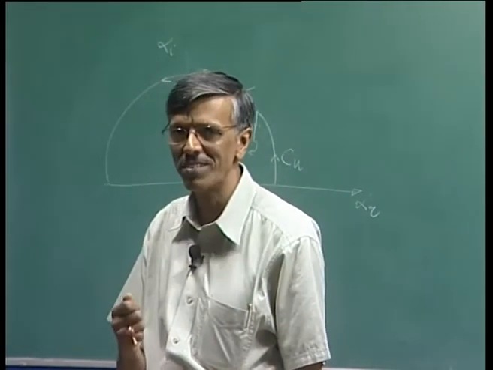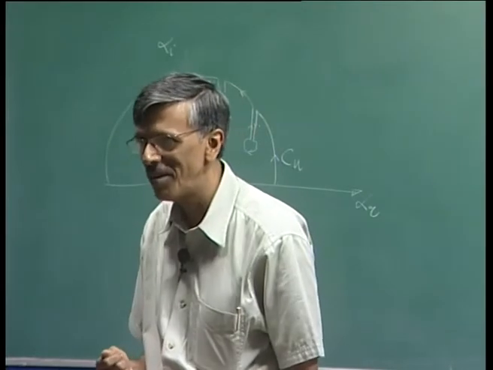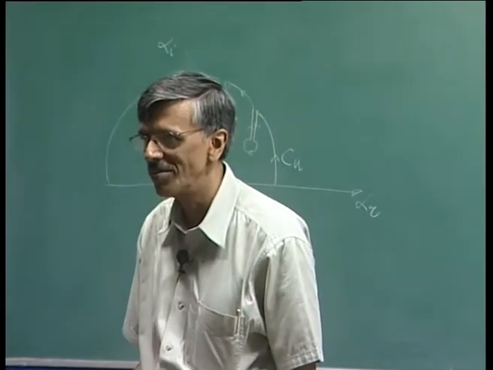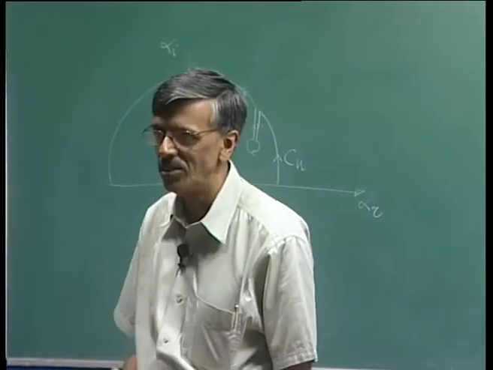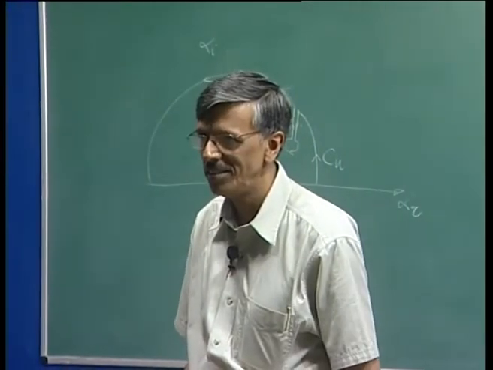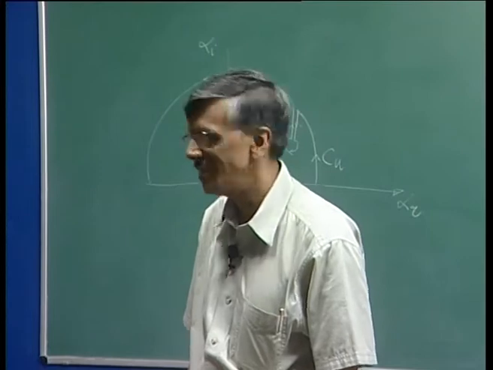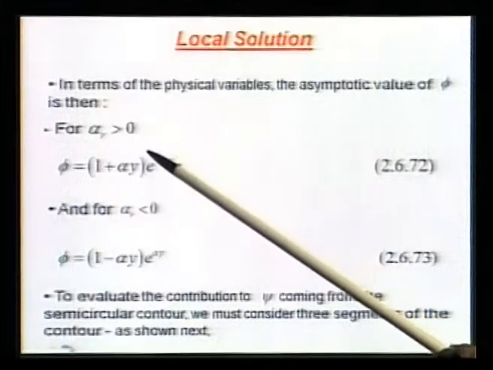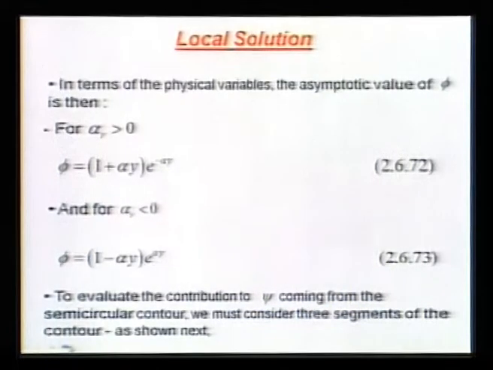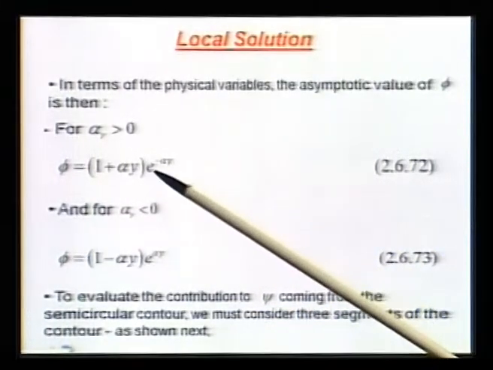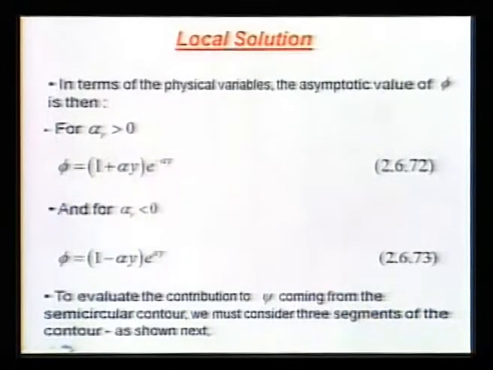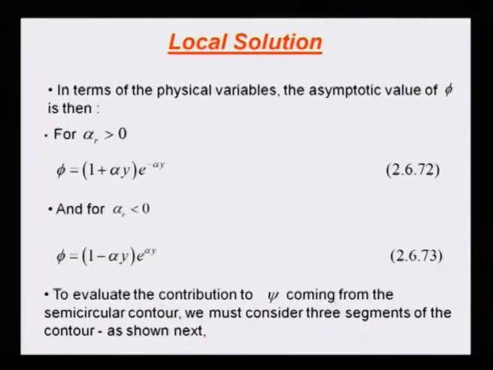We wanted to investigate if Jordan's lemma is correct. If it is not, what is the contribution? You can very clearly see Jordan's lemma is not necessarily correct, because you can of course write it in a form of numerator by denominator, but it is not directly evident that Jordan's lemma would be valid.